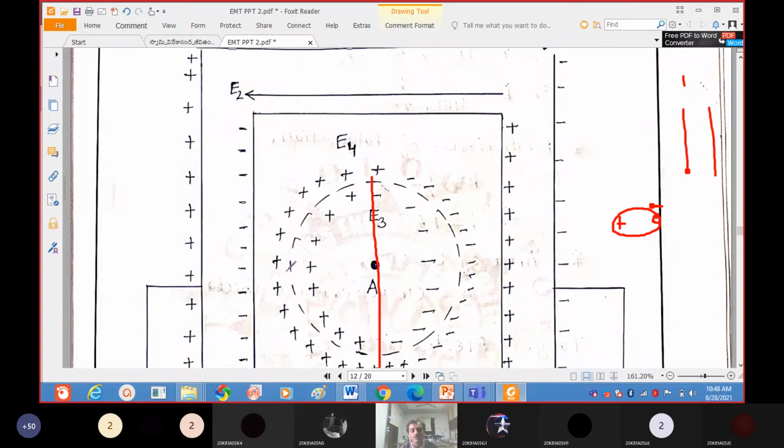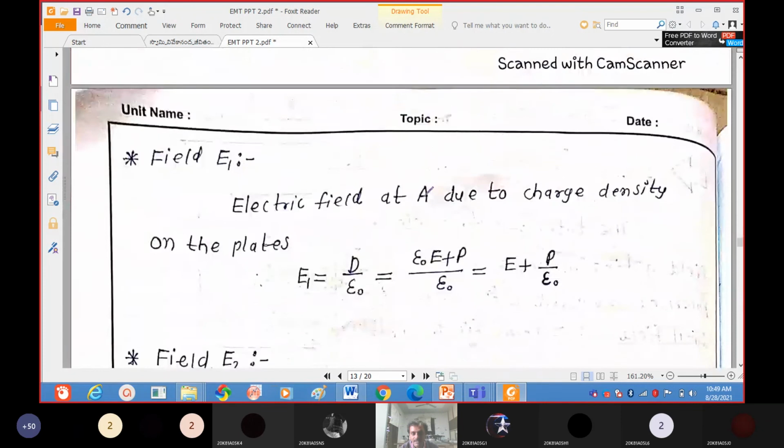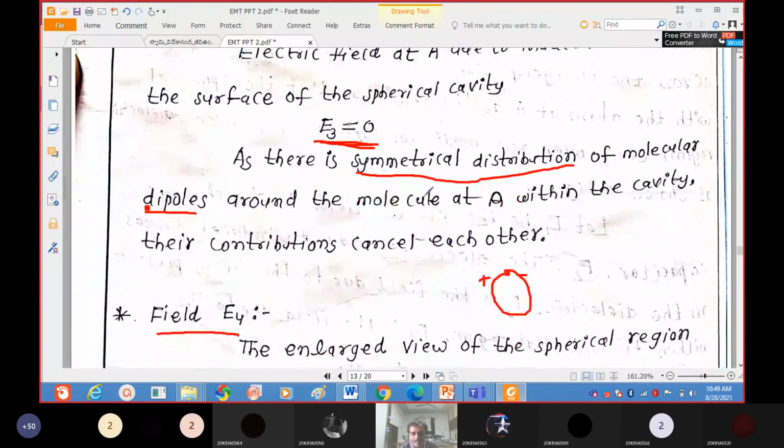E4 is the electric field due to the surface charge. For calculating the E4 value, let us assume a small area dA, like a ring.